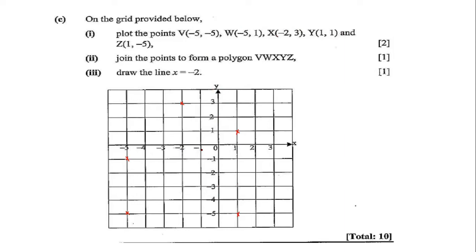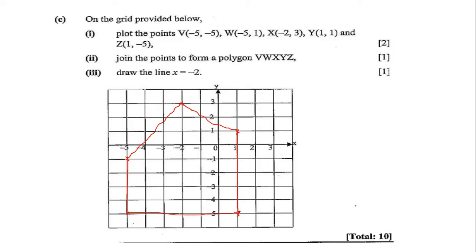Now the second one, they're saying join the points to form a polygon. When we join the points, we are going to use a ruler, not freehand like I'm doing it. You join that one to that one, then that one to that one, that one to this one here, then this one to this one, then that one to that one.